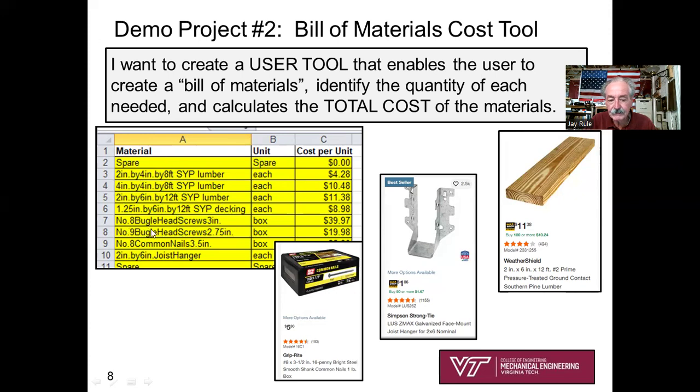You've got pick lists. You're going to put in how many of each of these you want, and the user tool is going to calculate and then give you a grand total of the cost of your project. And so this would be another example where anybody could use a user tool to build up a bill of materials that's kind of automated.